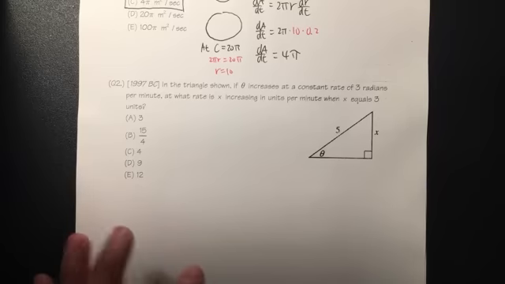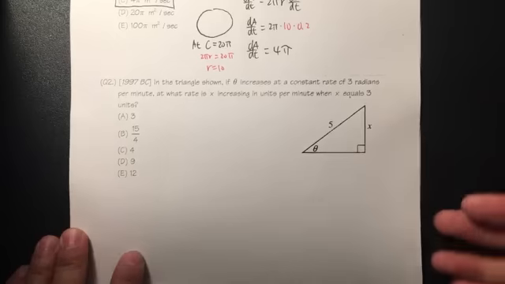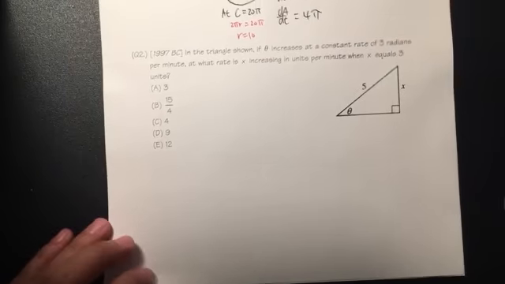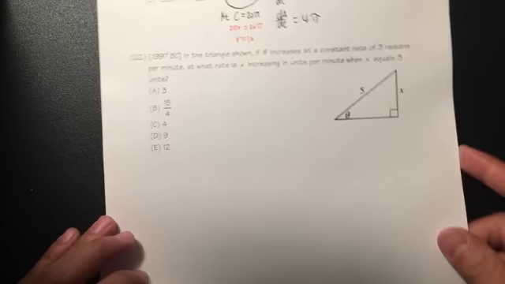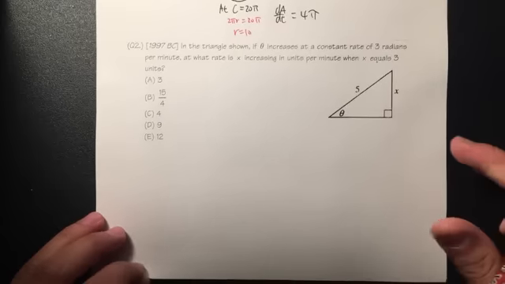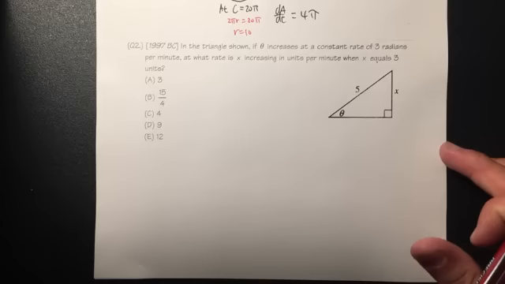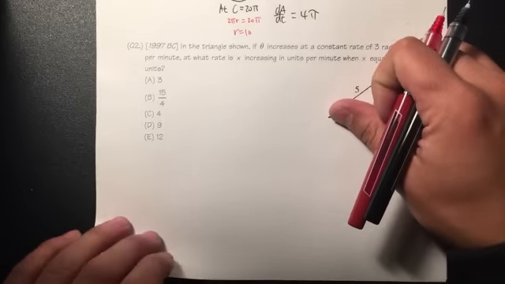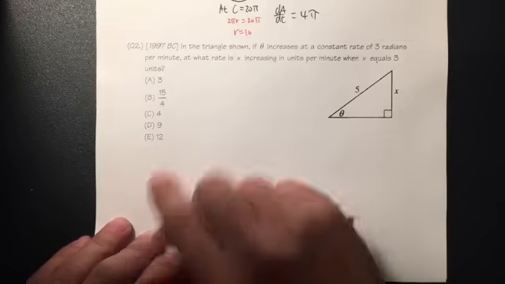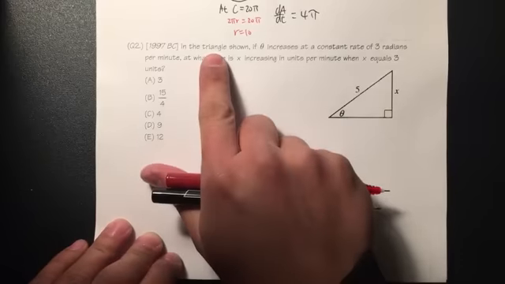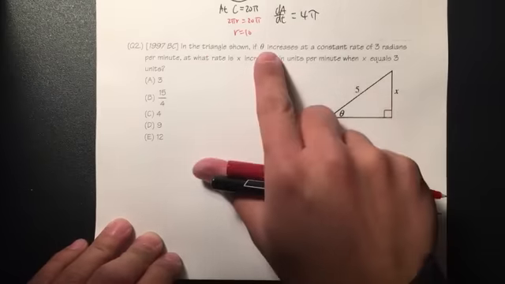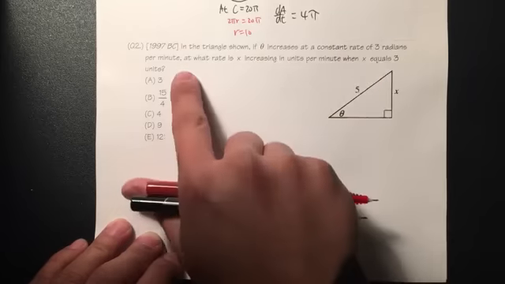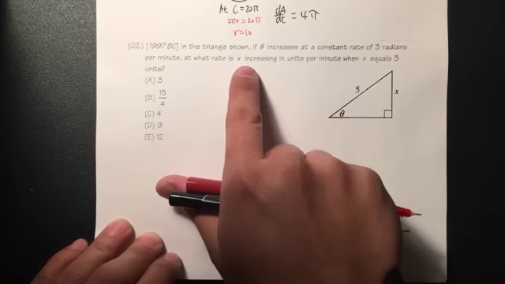Okay, anyway, let's continue with number 2. Okay, and this is from 21 years ago, 1997. And this is the BC version, but for the related rates, you have to do both for the BC and the AB exam. Anyway, right here, in the triangle, we know that theta increases at a rate of 3 radians per minute. At what rate is x increasing?